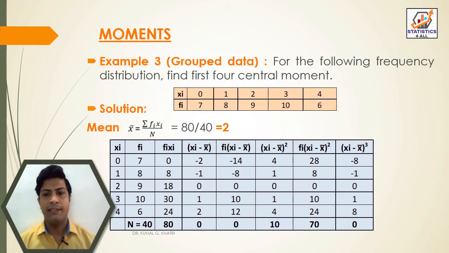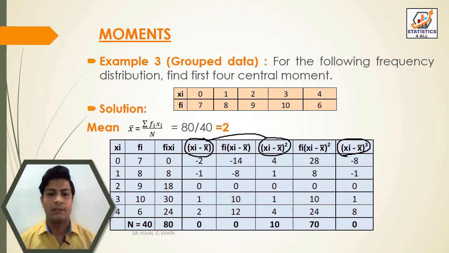Now we'll find the third central moment. For that, we first have to find (xi minus x bar) whole cube. So here we'll multiply (xi minus x bar) into (xi minus x bar) whole square. Minus 2 into 4 is equal to minus 8.